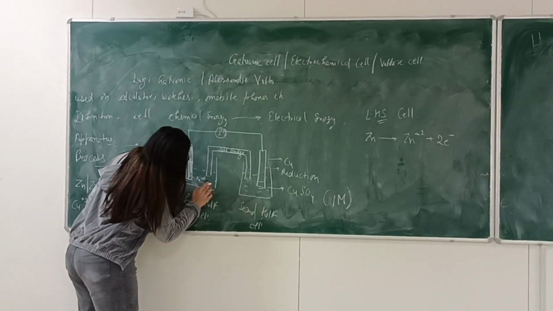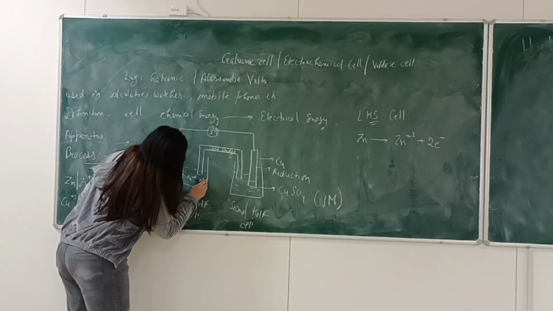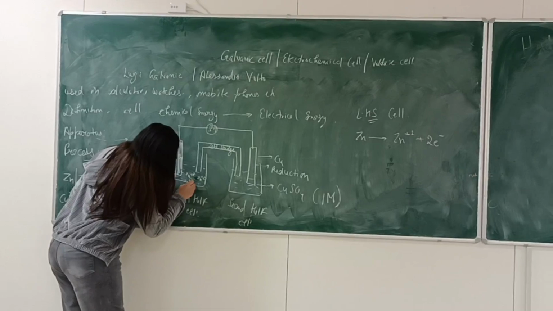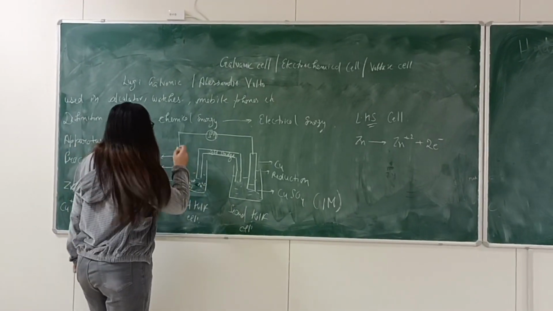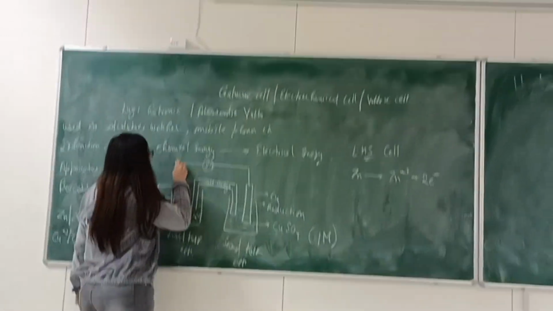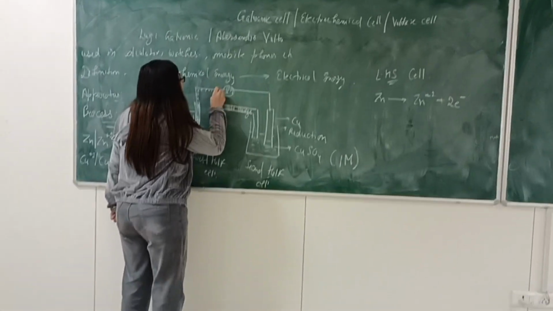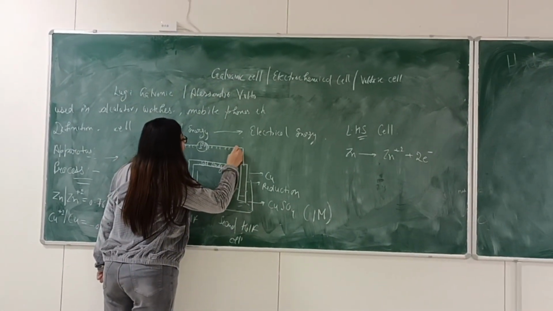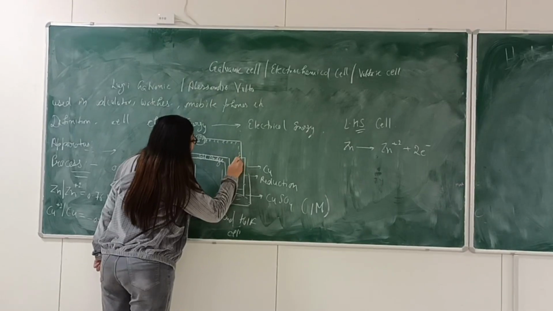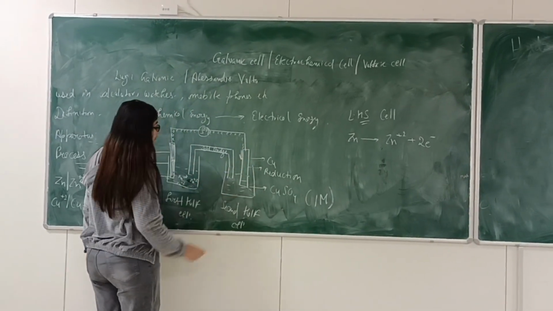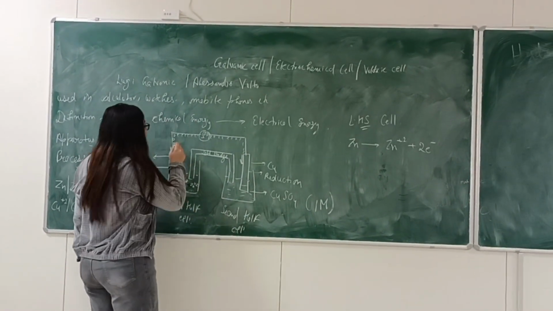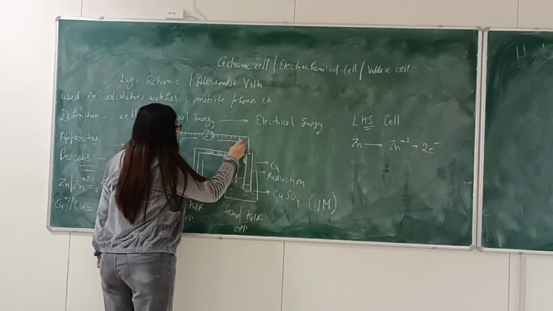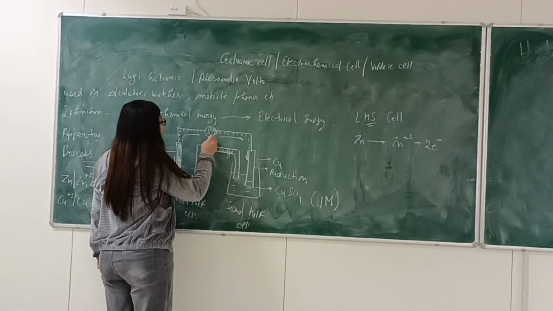The zinc 2 positive ions will go into the solution, and the 2 electrons will travel by this wire to the second half cell. As electrons move, the bulb will glow.